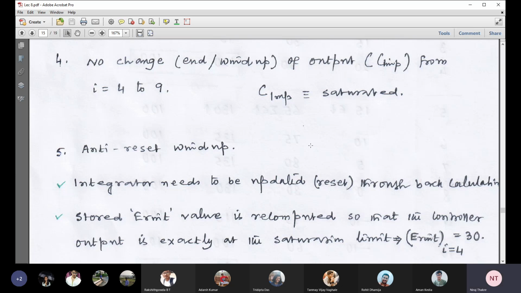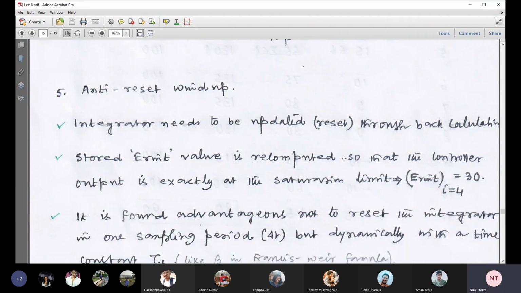And second one is the stored error integral value is recomputed so that the controller output is exactly at the saturation limit. So these are the two major issues which we actually take care of.